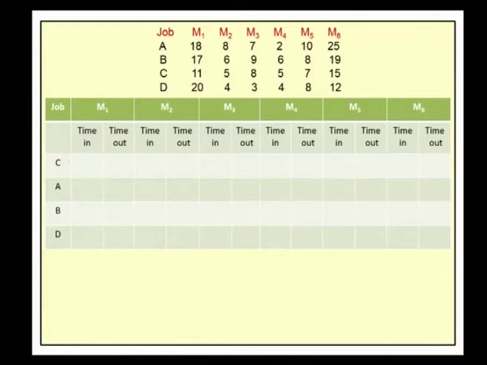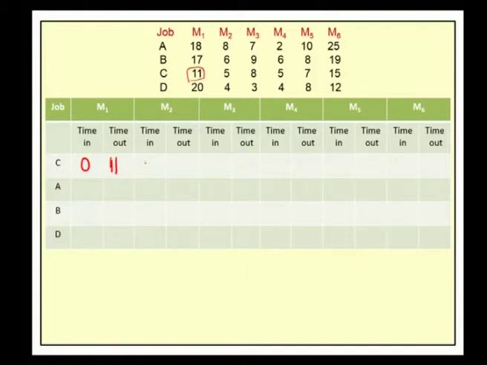So, for job C, machine 1 starts its work at the 0th hour. For job C, the processing time on machine 1 is 11, therefore it takes 11 hours to complete job C, so the time out of machine 1 for job C is 11.